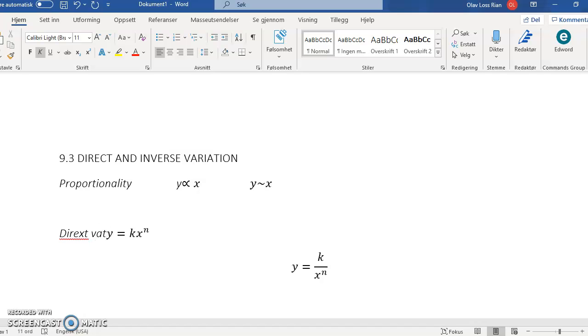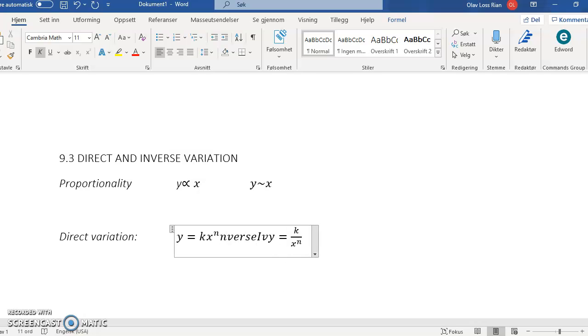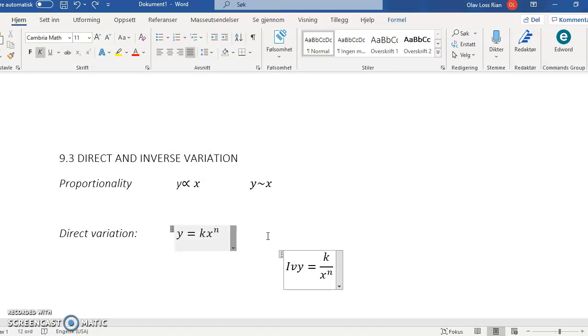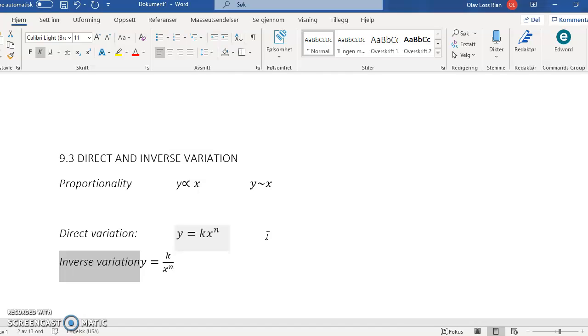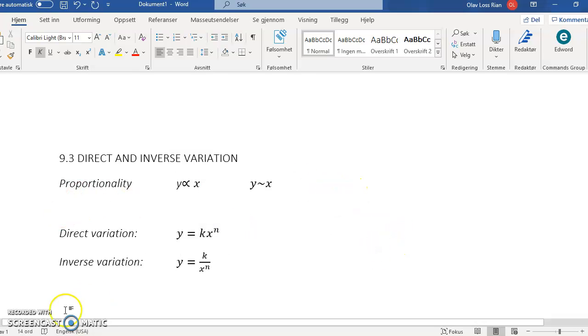So this is direct variation. And this other bit here is inverse variation.